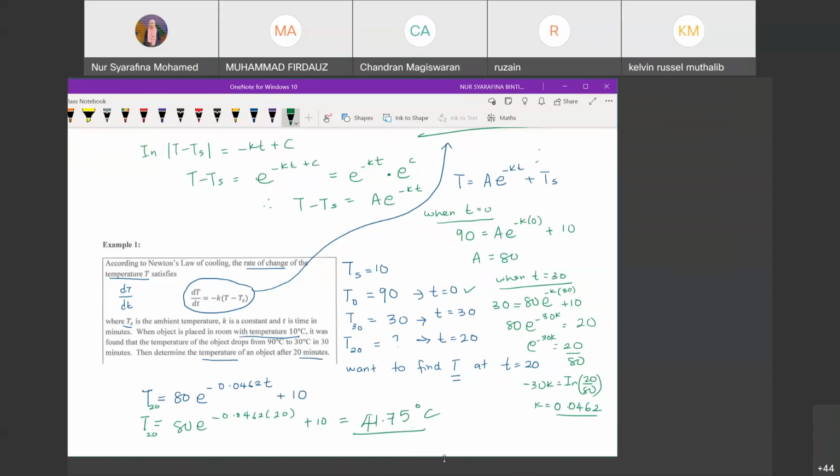What is all the information given? Then you can find the variables and constants one by one. Get the particular solution, and then you can find the solution. Okay, clear? Yes, perfect.